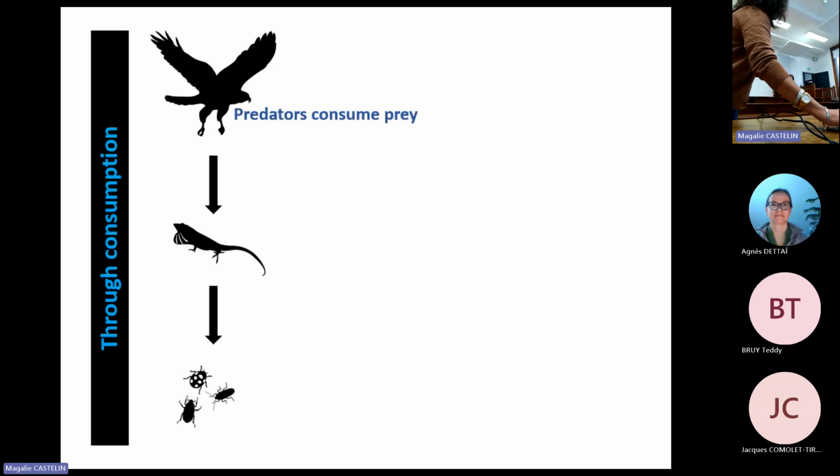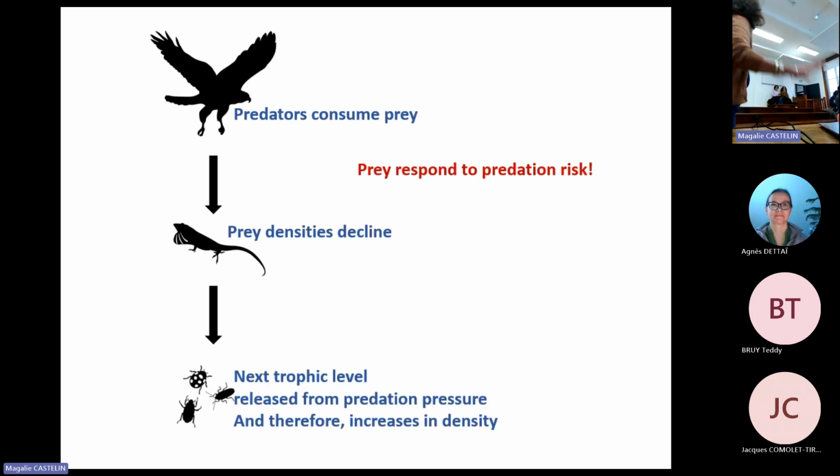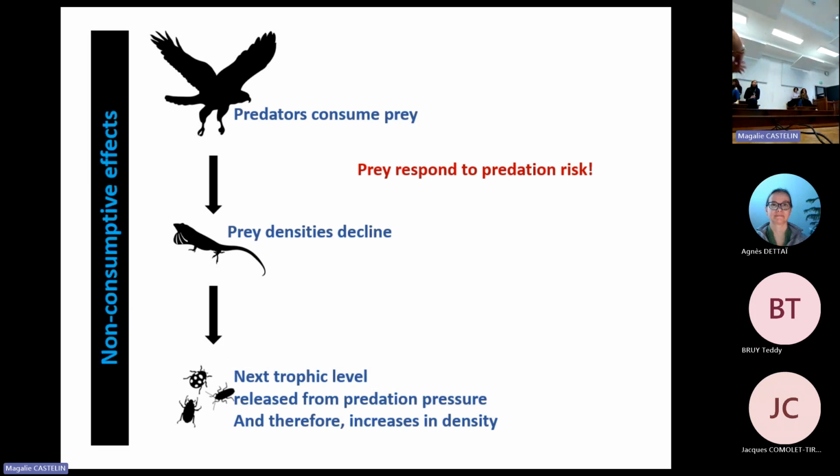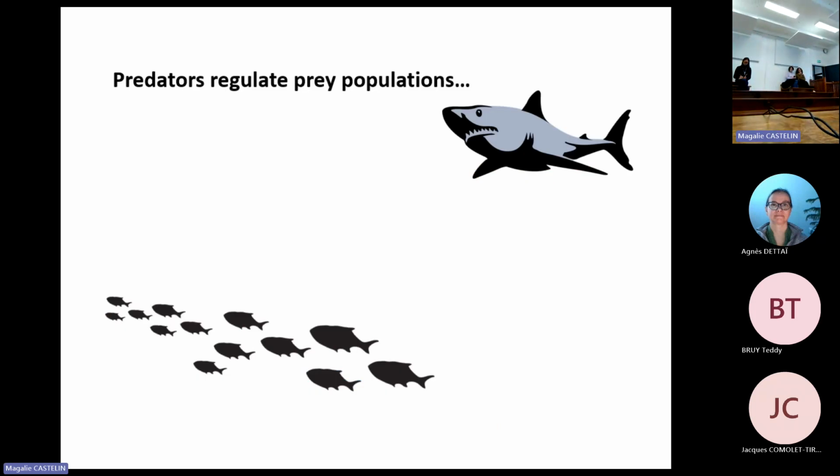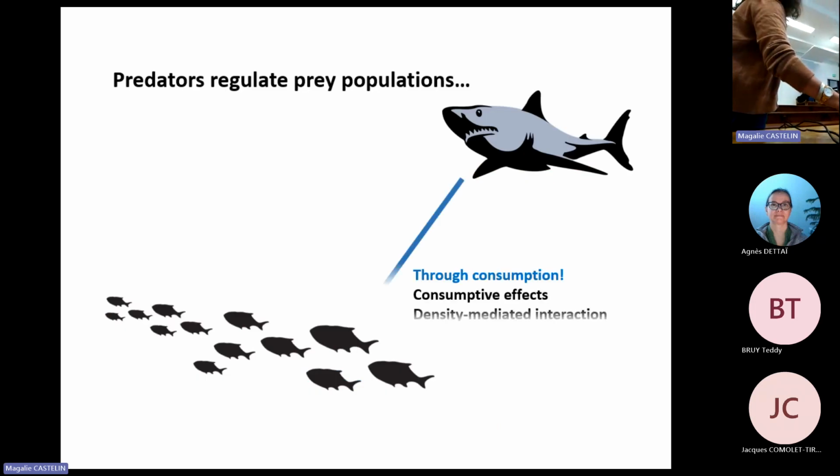So we've talked about consumption. But the fact that prey are not sitting around and can respond is this whole body of literature on the non-consumptive effects of predators. Now, that means predators can regulate prey populations in two ways, right?